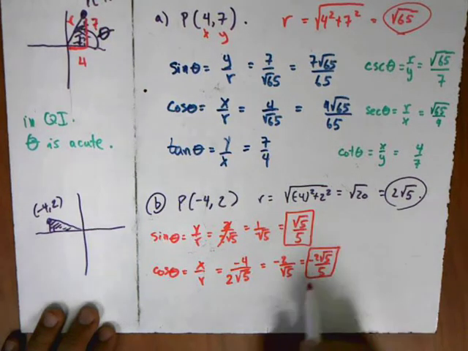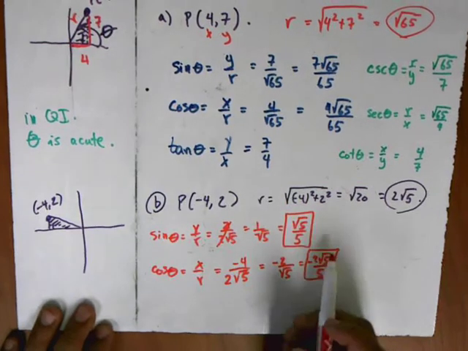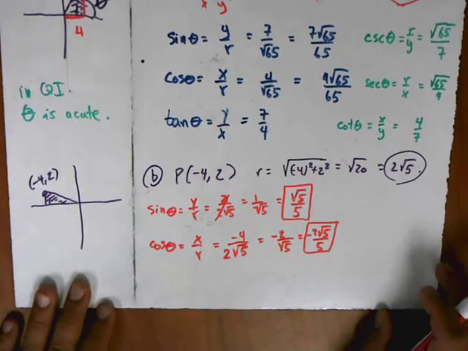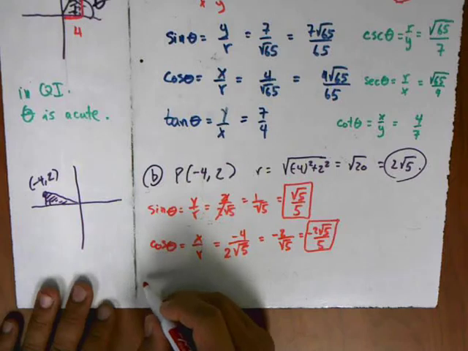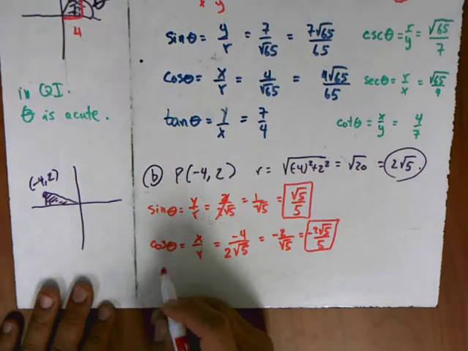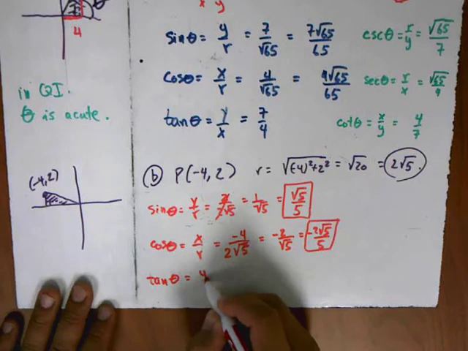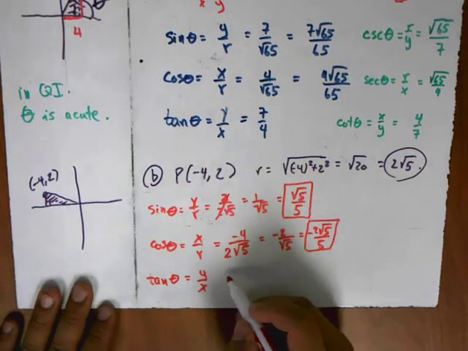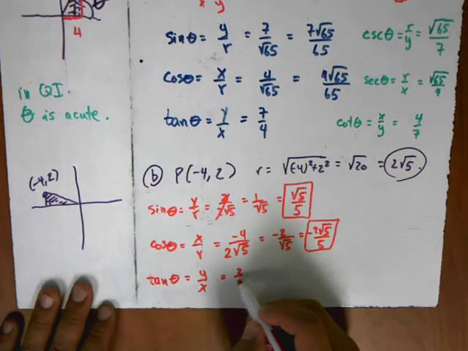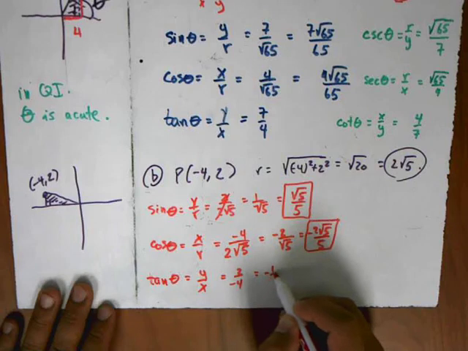And one thing we notice here is that the trig ratio is now negative. The ratio is a negative number, okay, which is not something that happens at all in our geometry classes. Let's do tangent of theta, which is y over x, 2 over negative 4, and this gives us negative 1/2.